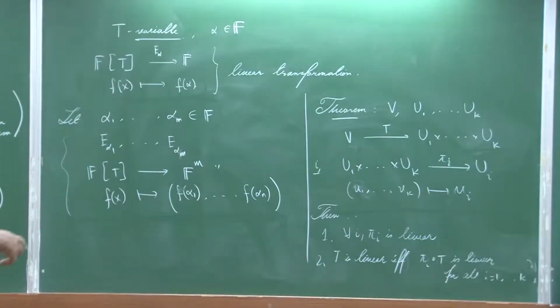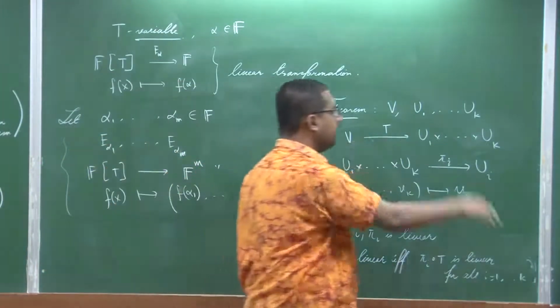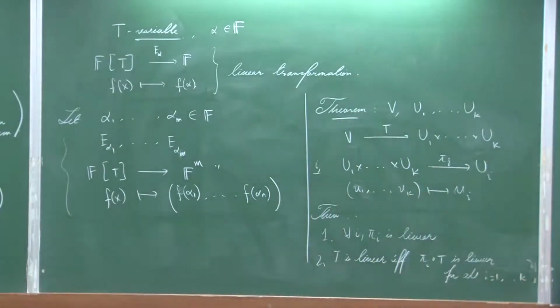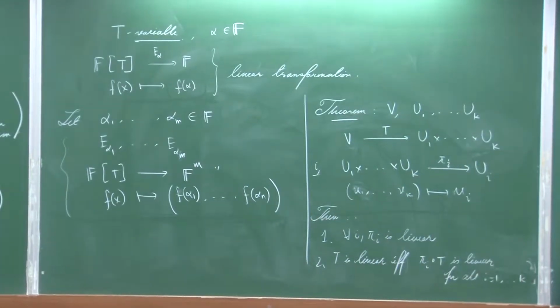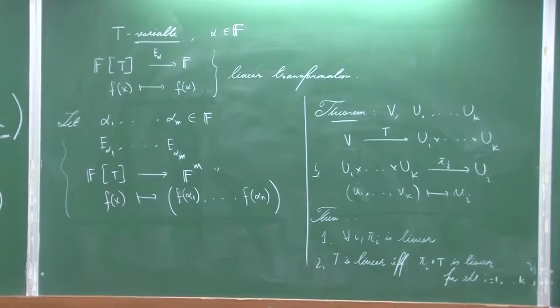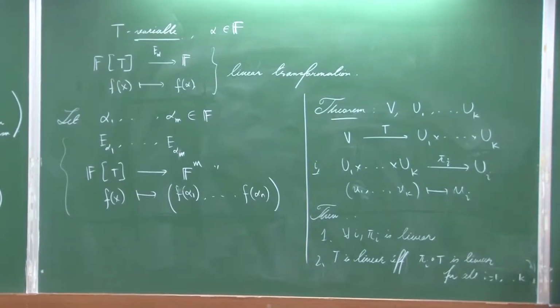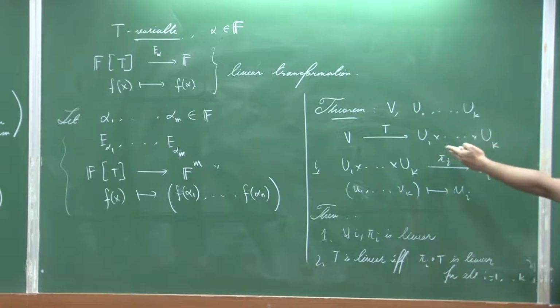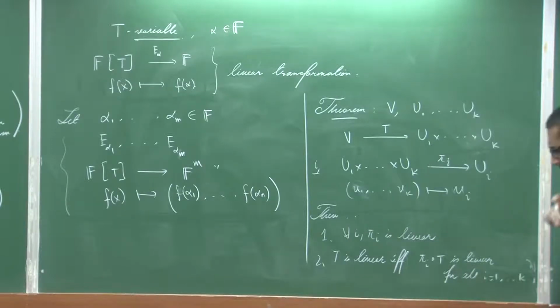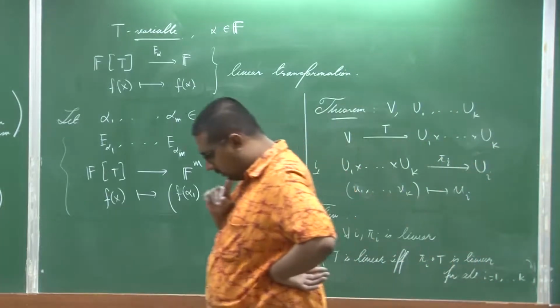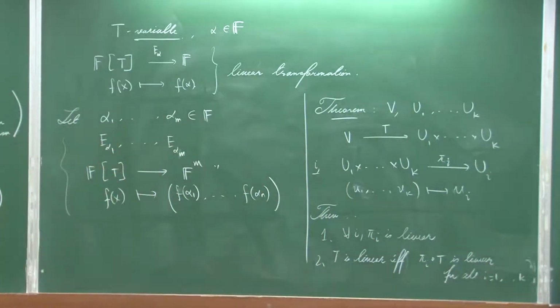Okay. So, therefore, whenever we are supposed to prove the linearity of some map, we know that it is enough to look at the coordinates. Or maybe coordinates may not be the better word to use here, because already we have used the word coordinates.